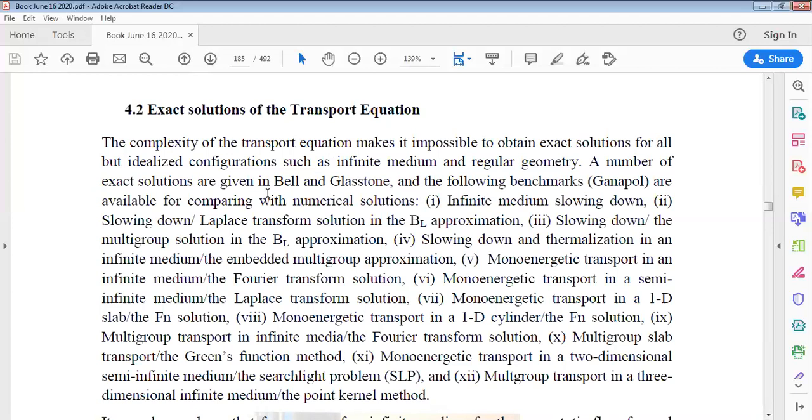You can go through Bell and Glasstone to see the many exact solutions that have been obtained for infinite, semi-infinite, in plane, in spherical geometry, with a point isotropic source, with a planar source, and Chandrasekhar's radiative transfer analysis. Remember that this transport equation was being studied in the 60s and early 70s as the radiative transfer equation for stellar atmospheres.